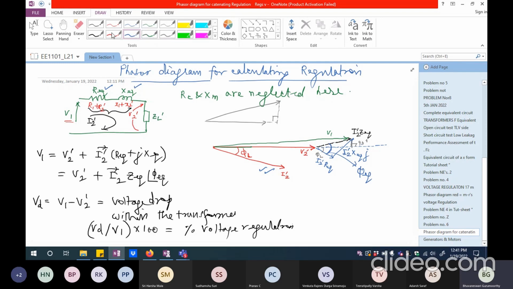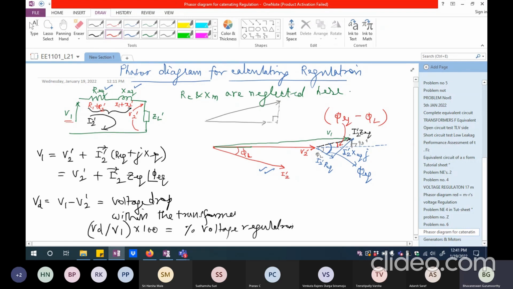If I look at only this angle here, this angle will be phi equivalent minus phi load. This is the angle made by I2 dash Z equivalent with V2 dash, so that is going to be phi equivalent minus phi L.